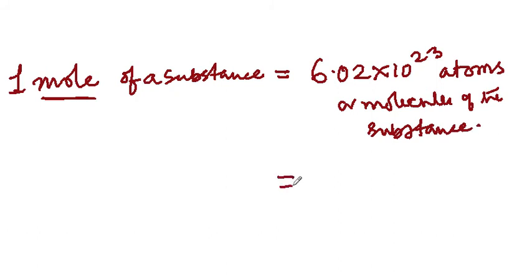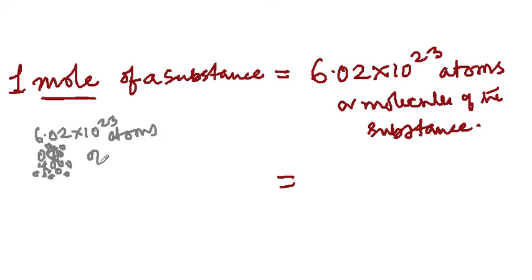Now if we take 1 mole of sodium atoms, that is 6.02 into 10 to the power of 23 atoms of sodium, and measure their mass by taking their weight in a balance, we would get its mass as 23 gram.